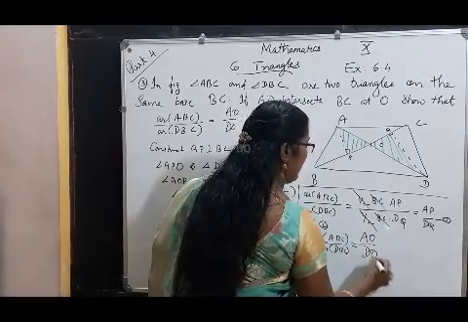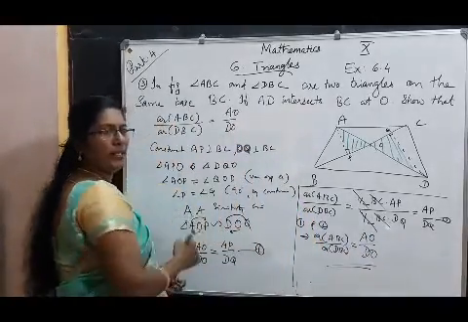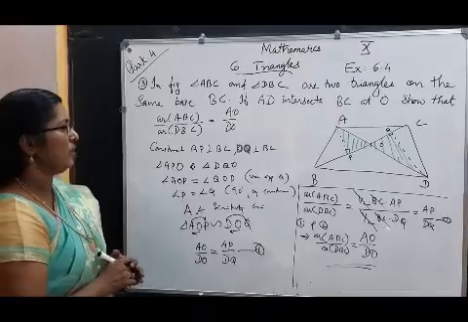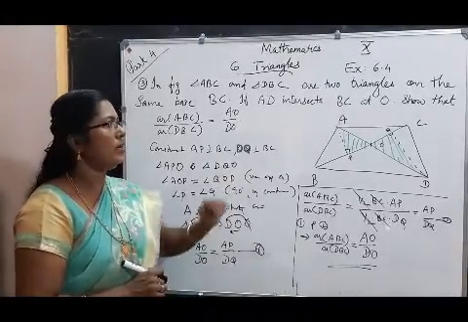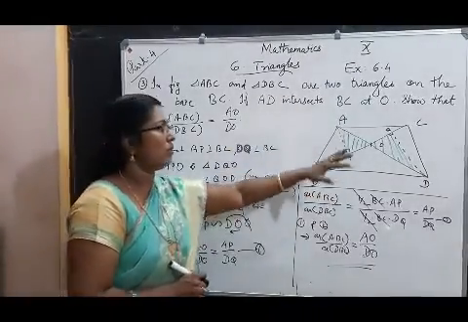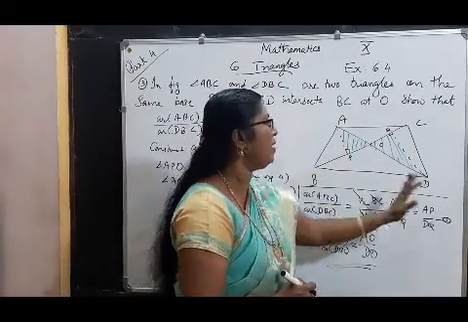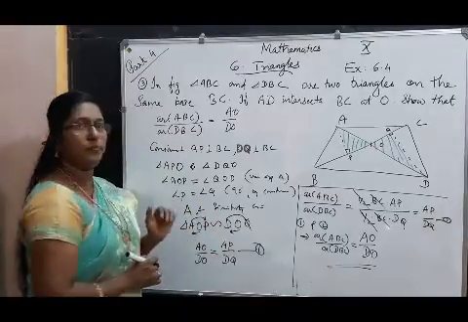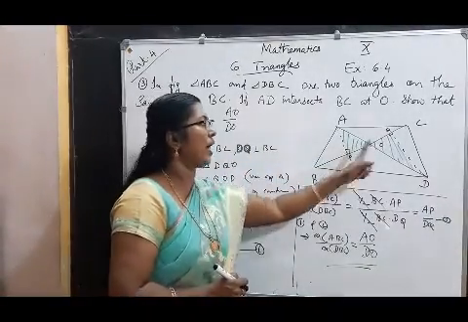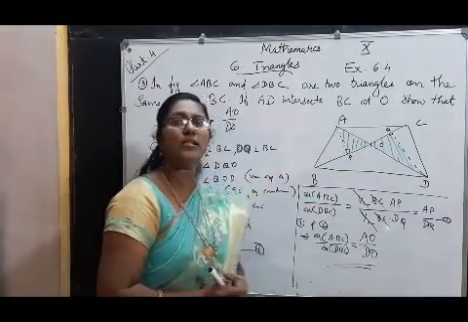First of all, draw the perpendiculars based on the same base and two sides, triangle ABC and triangle DBC. Then prove AOP and DOQ are similar.